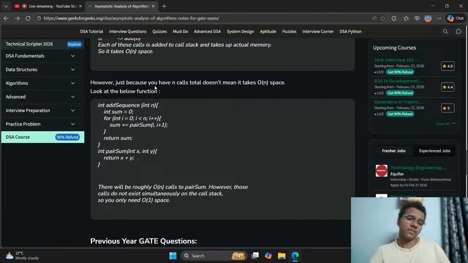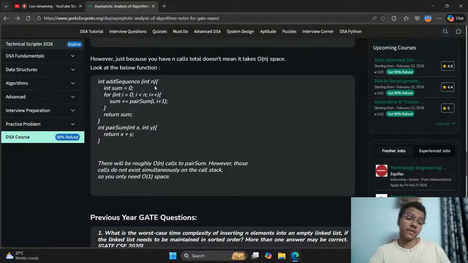That is true. In addSequence(int n), sum is equal to 0, for i equal to 0, i less than n, the pairSum function is being called. This will roughly be O of n calls to pairSum.